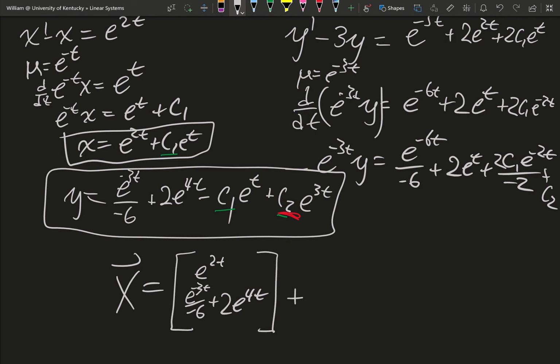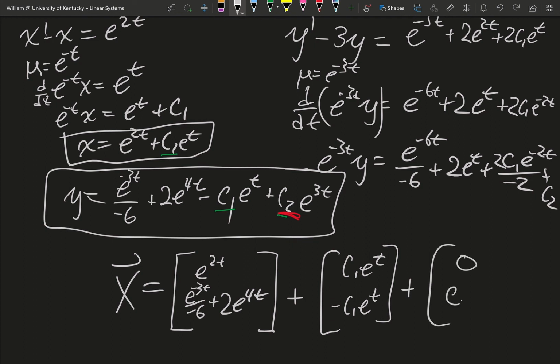But now it's good to line up our coefficients, C1. And if possible, we're going to pull out as much as possible. So we'll write it like this first. We don't have a C2 term, so that's just going to be 0.